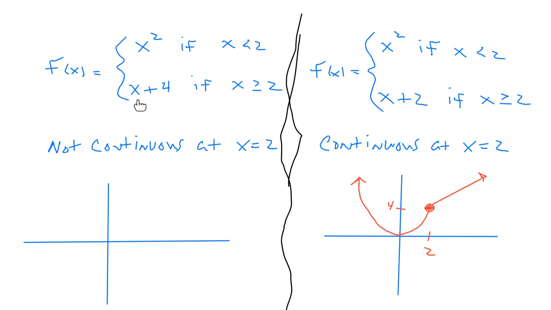Does this one pick up where that one leaves off? It doesn't. This one picks up at 6. This one's going to leave off at about 4, and then this one will pick up squarely at 6.